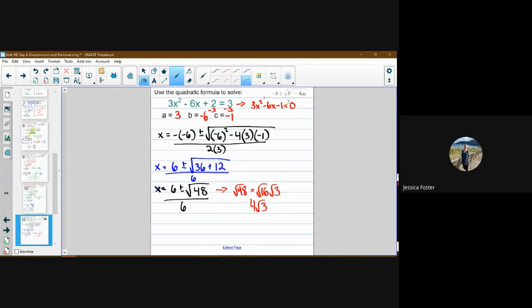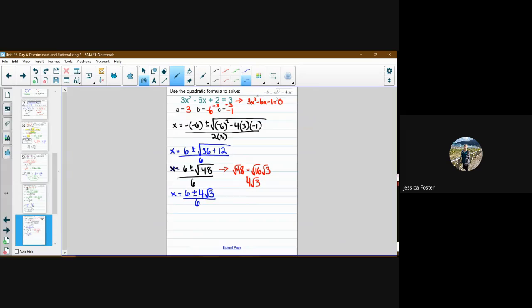All right, so we have x equals 6 plus or minus 4 to the square root of 3 all over 6. Let's simplify this and see if we can clean this up at all. We have 6 over 6 plus or minus 4 to the square root of 3 over 6, just breaking that into the two fractions it's being divided by. 6 over 6 is just equal to 1 plus or minus.